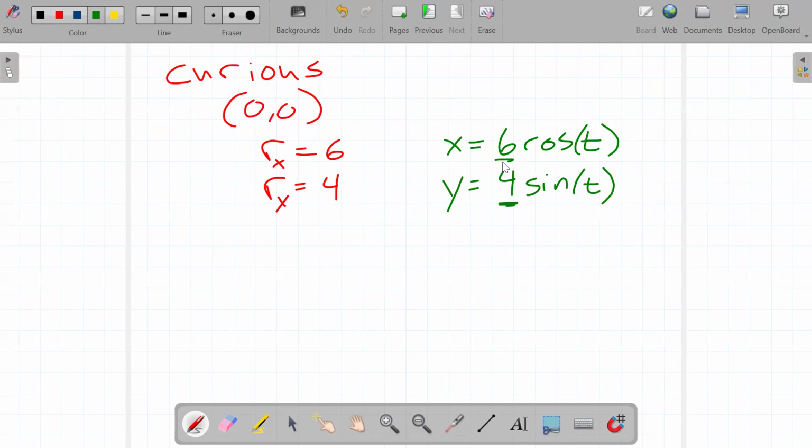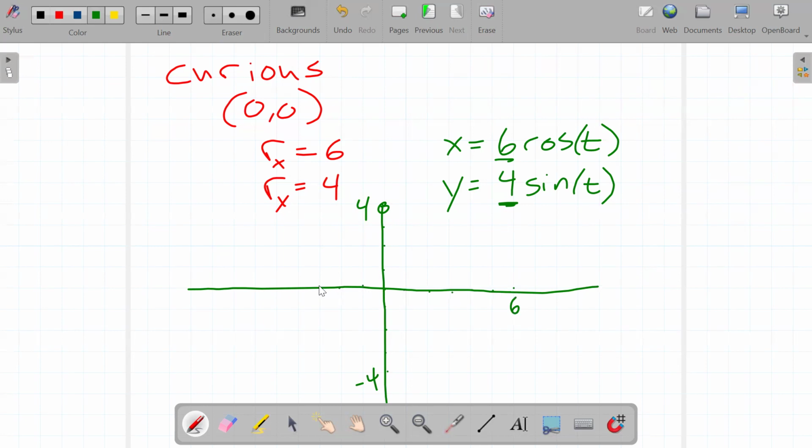I'm going to do a rough sketch and then go over to Desmos. So let's see, let's make here-ish. The other axis, so I think that's 4 up there, -4 down there, 6 would be here, -6 would be there.